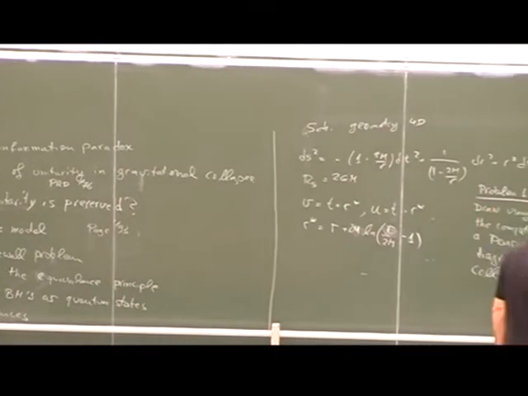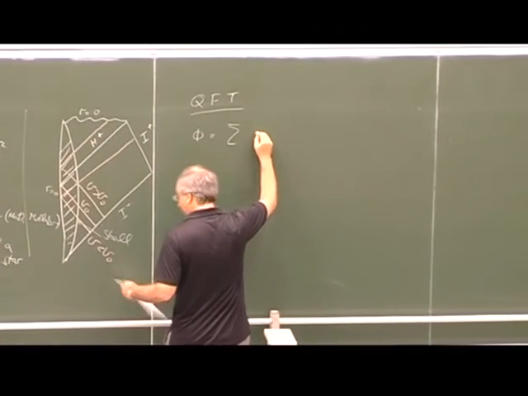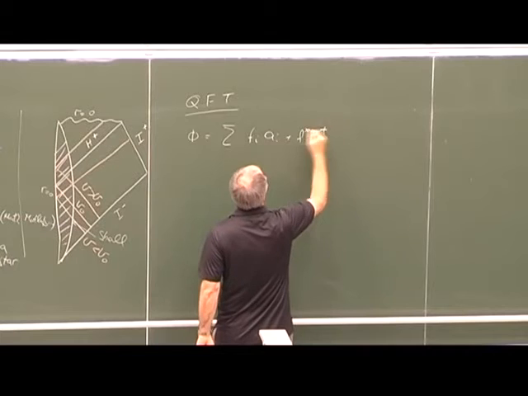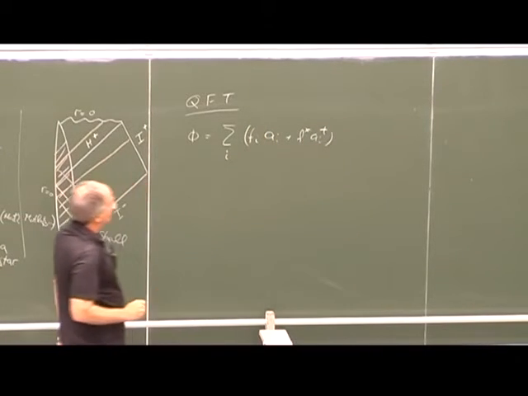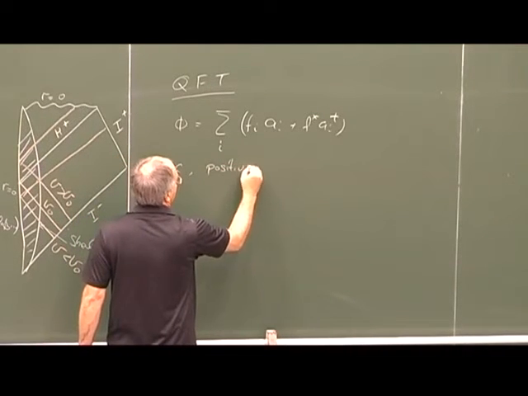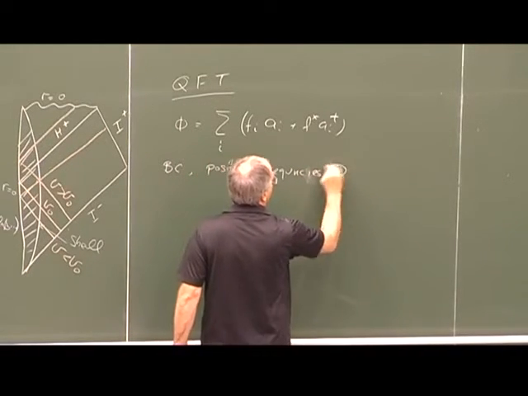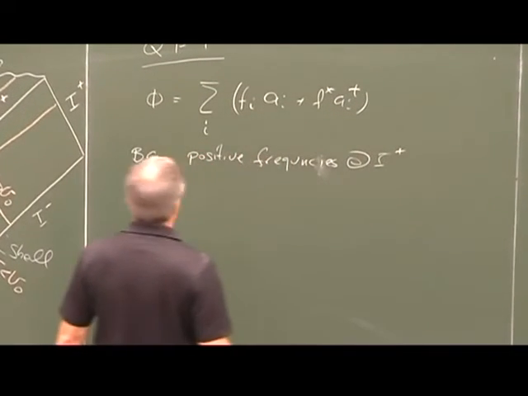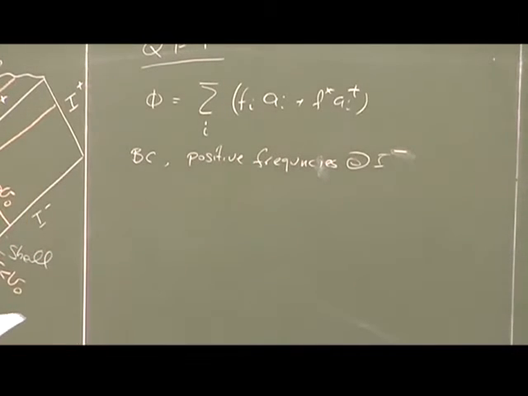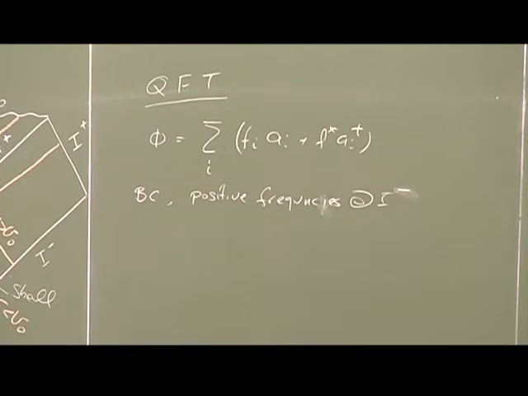What we do is set up, in I minus, the expansion in creation and annihilation operators.